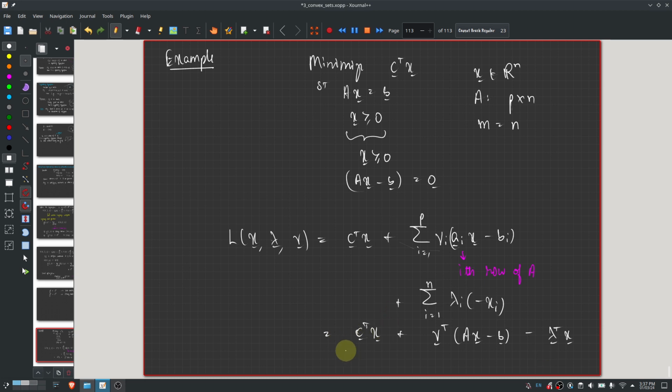If I simplify this a little bit, I basically get, doing it in two steps, (c transpose minus lambda transpose plus nu transpose A) times x minus nu transpose b.